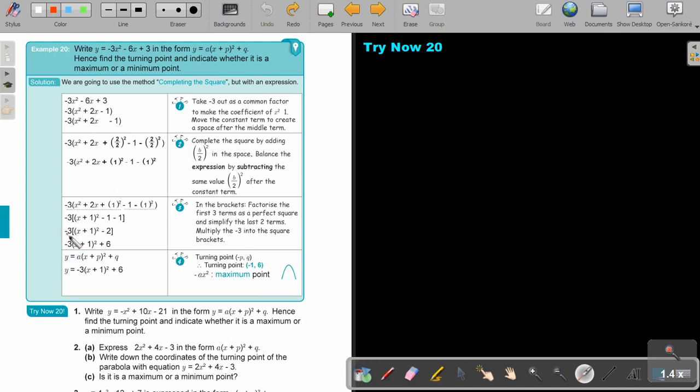So it's actually just this. Multiply the 1 times negative 3 is this, but multiply the negative 3 with the negative 2, and it will become positive 6. And then again, if I must find my turning point, you don't have to focus on that. Just change that sign, negative 1, keep that one, 6.